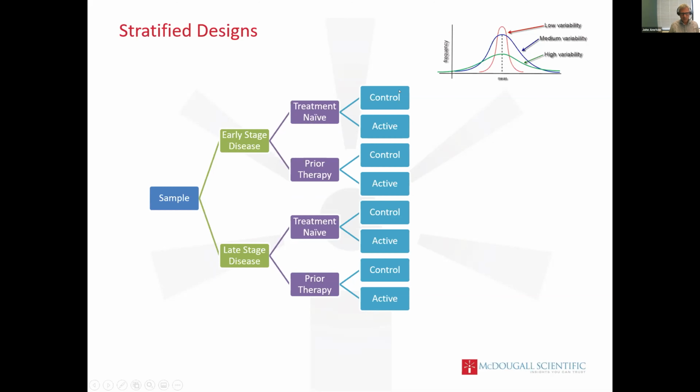So you will be randomized to active versus control within each of the 4 cells defined by those two binary characteristics. When we do that, because randomization occurs at a smaller level rather than overall, the variability in the population when we do the analysis is going to be much lower.